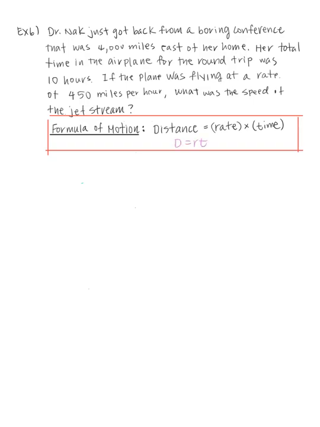So to do this problem, we're going to have to use that formula. But let's first jot down what the question is asking us to find. Towards the end, it says, what was the speed of the jet stream? So that's exactly what we're looking for. So I'm going to start off with let r equals the speed of the jet stream.